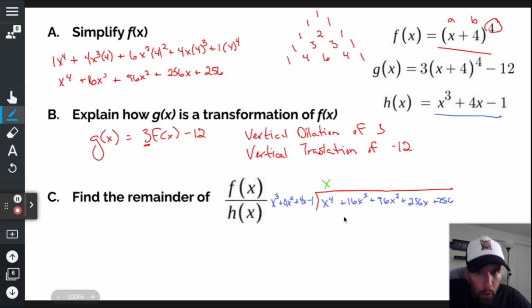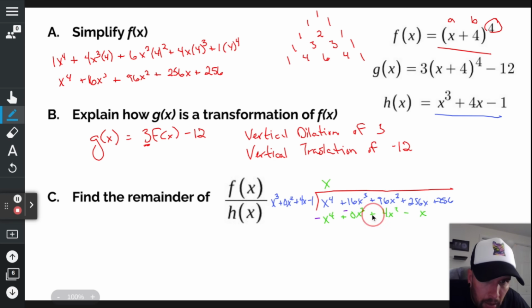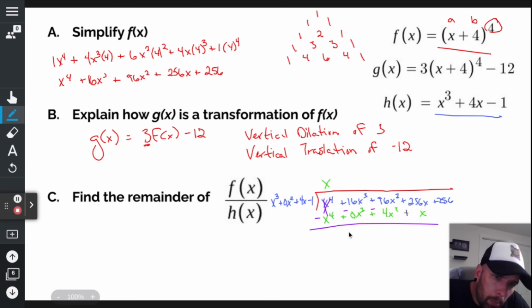Multiply that x to all four of those things, so you get x to the fourth plus 0x cubed plus 4x squared minus x. Flip the signs of everything. The x to the fourth terms go away. It becomes 16, because x to the third times 16 gives me 16x to the third.